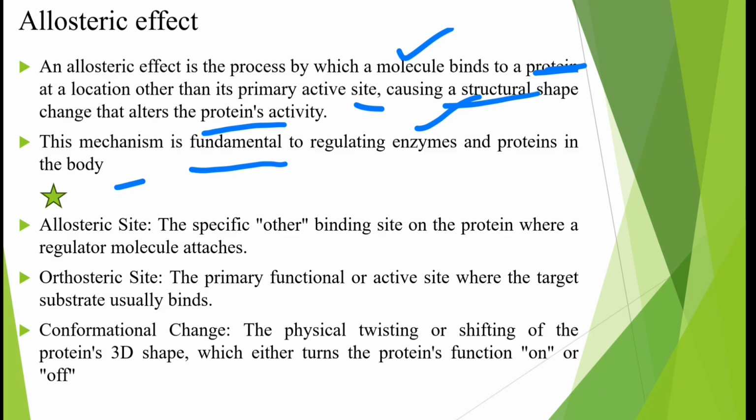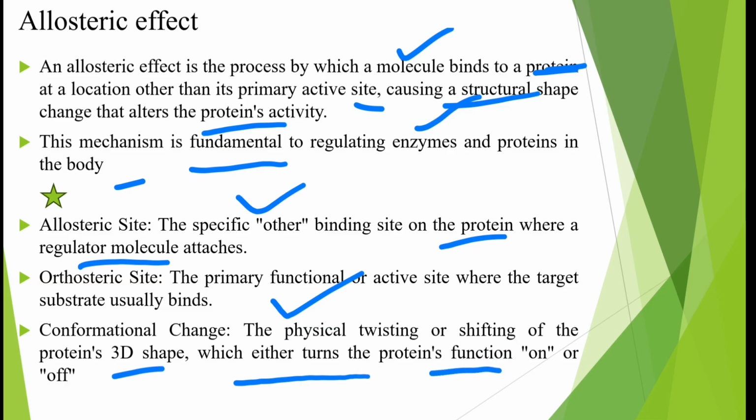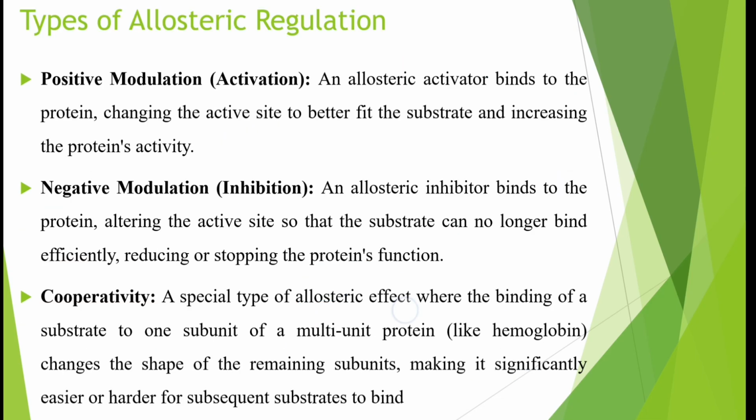What is an allosteric site? It is a specific other binding site on a protein or enzyme where a regulator molecule attaches. What is the orthosteric site? It is the main active site. What is conformational change? It is the physical twisting or shifting of a protein's 3D shape, which turns the protein's function on or off.